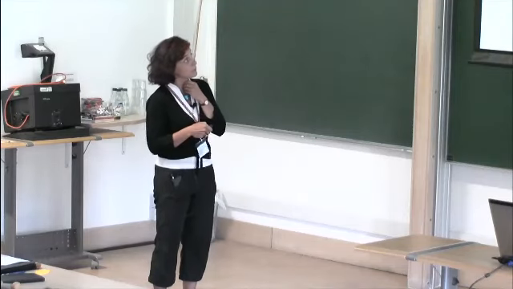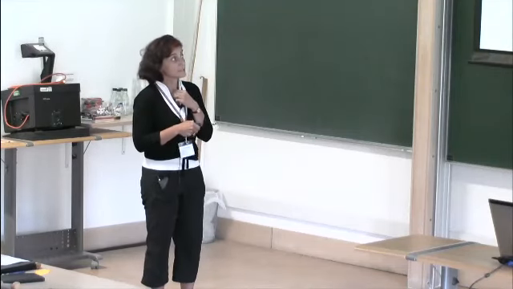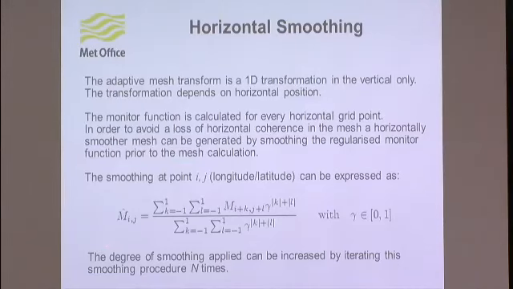To smooth the grid, we can actually smooth the monitor function instead, and this is the kind of smoothing that we are using. If this is the monitor function at a particular grid point, we use the neighbors to smooth the monitor function, and we can iterate this procedure several times. We found out that in a real system we really need to smooth the monitor function quite strongly because we have a lot of noise.